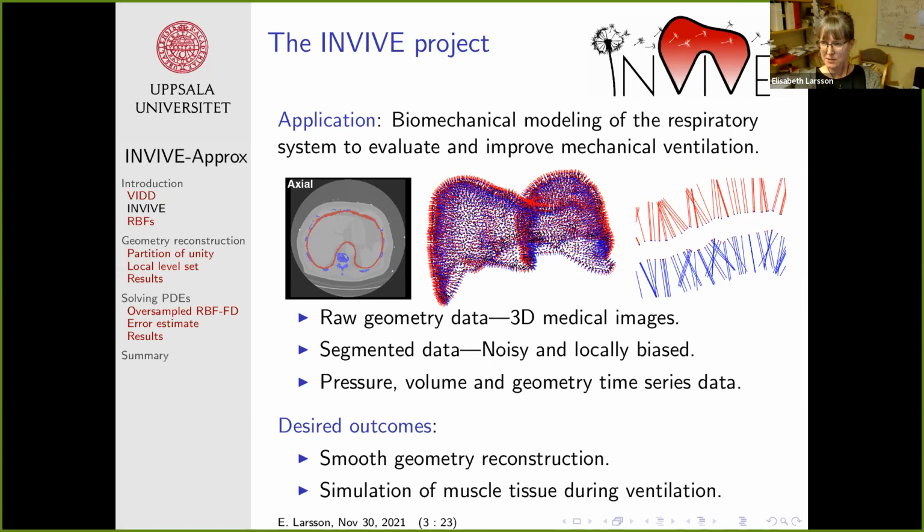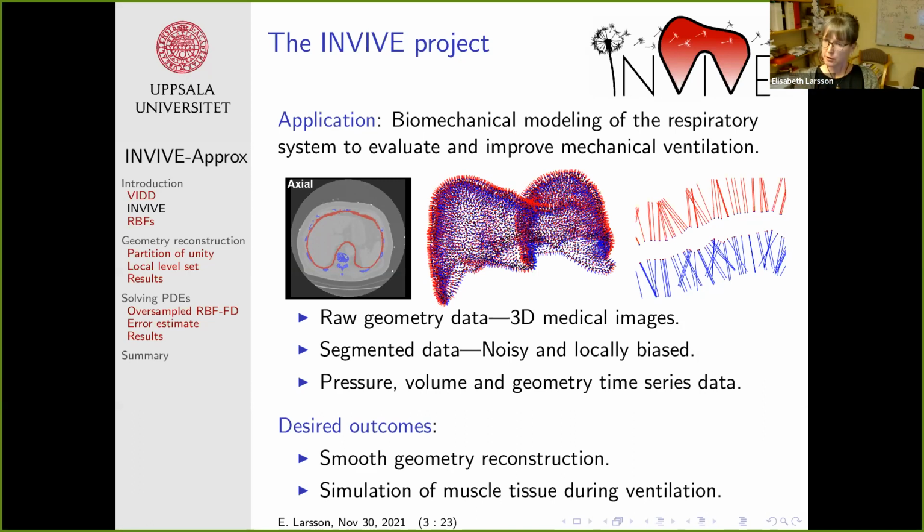So Pierre makes a segmentation mainly by hand, and this red part here is the diaphragm. Out of this segmentation, we get a point cloud with normals and data locations, but it's very noisy. We also have some additional data like pressure in the lungs and pressure in the abdomen, which we can use later for validation.